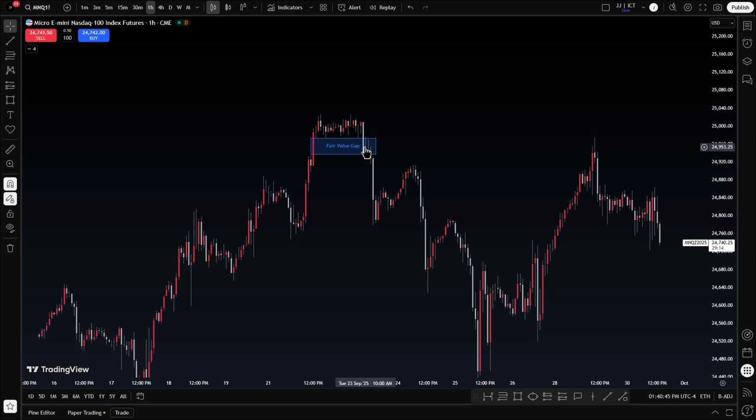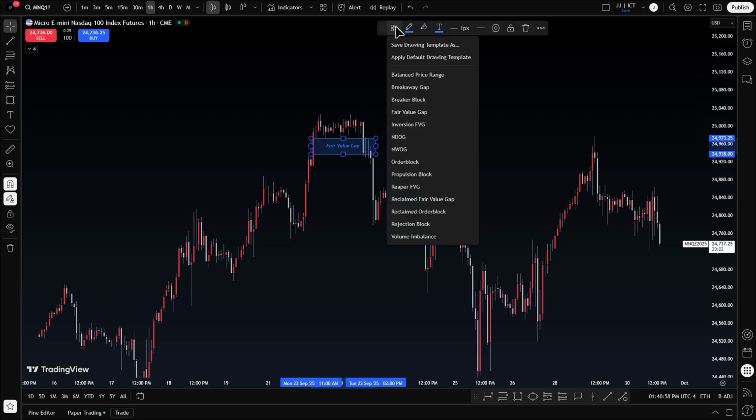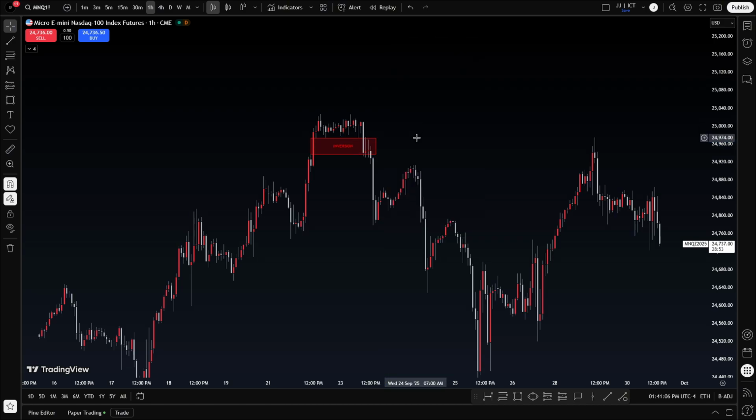I'm not going to say it's necessary, but it's definitely better if price just disrespects it, like it doesn't even know it's there. Once it does that, this fair value gap is now what? Reversed, or its role has been inversed. So this is now a bearish inversion fair value gap.